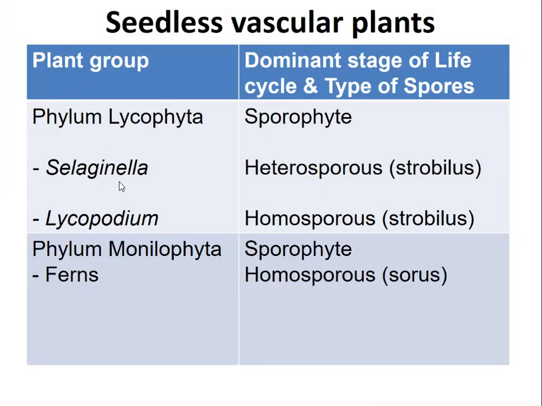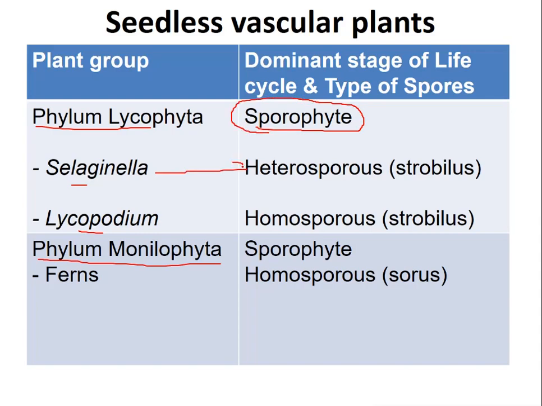Under the seedless vascular plant, there are two phyla, Phylum Lycophyta and Phylum Monilophyta. Examples of Phylum Lycophyta are Selaginella and Lycopodium, and the sporophyte is the dominant stage of the life cycle.